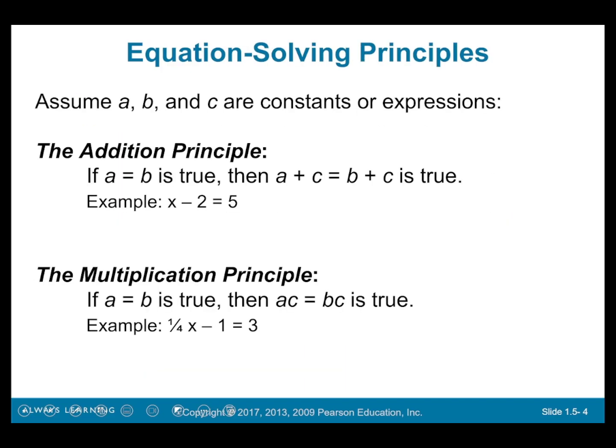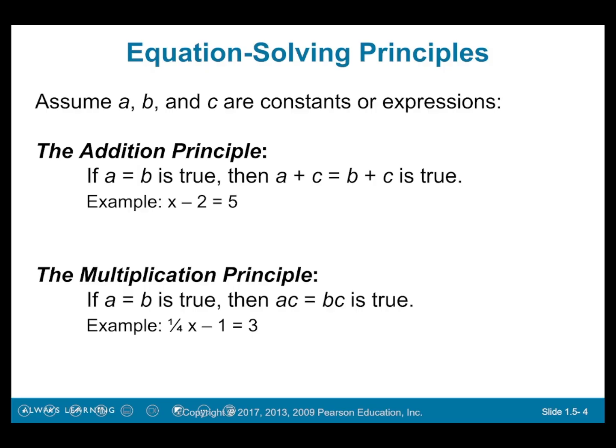Whenever we're trying to solve an equation, we have two principles that make that really easy. First is the addition principle, which means, if we assume that a, b, and c are constants or expressions, and a equals b, then we can add some c to each side and still have the same thing. We actually do this all the time.